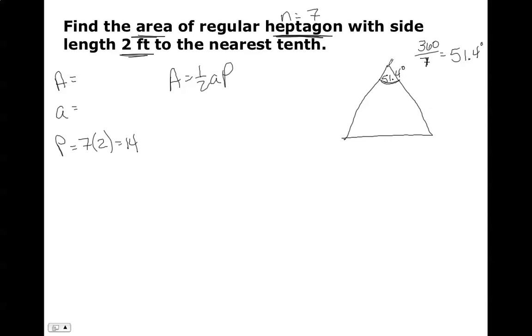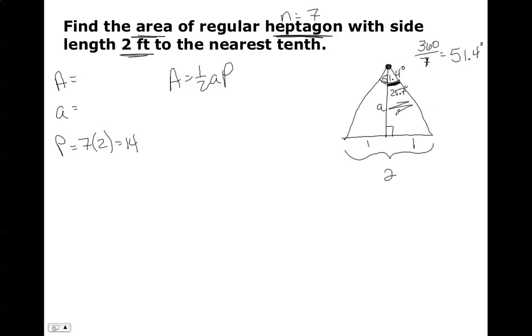The apothem goes from the center of the heptagon and is perpendicular to the side. This is our apothem. Right here, it cuts this angle in half, so 51.4 divided by 2 is 25.7 degrees. We know that the whole side is 2, which means each of these is 1.